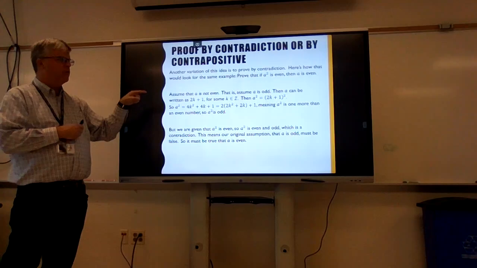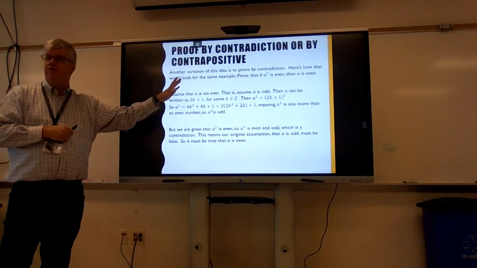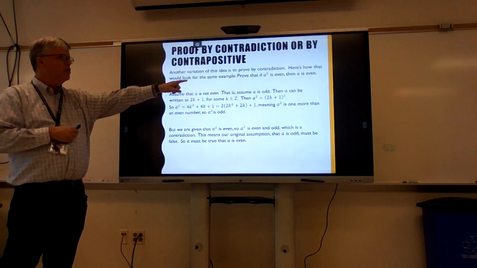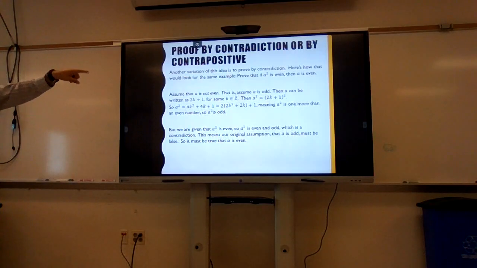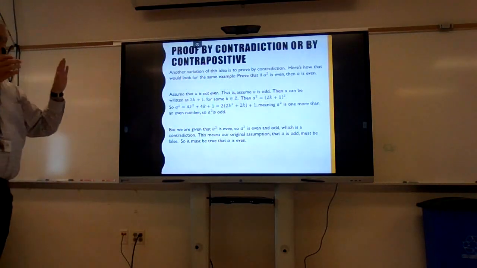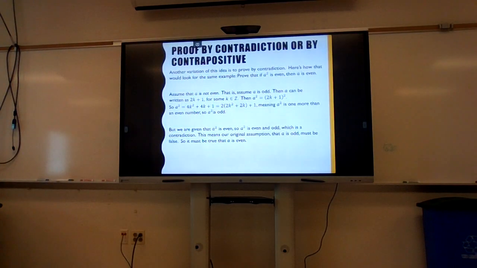signal that indirect proof is helpful is if you try direct and you get stuck, right? Like that's what happened with this. We tried to prove this directly and we said a squared is even, that means a squared is 2k. And then I'm trying to get something about a, so if I start with my equation a squared equals 2k, and I want to get to an equation that involves a, I'm going to have to take square roots.